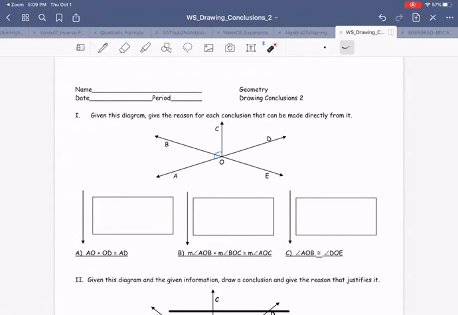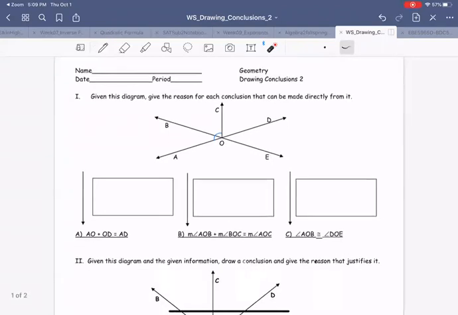Line segment addition postulate. For B, it's angle addition postulate. And for AOB and DOE, vertical angles. Good. Vertical angle theorem, okay?